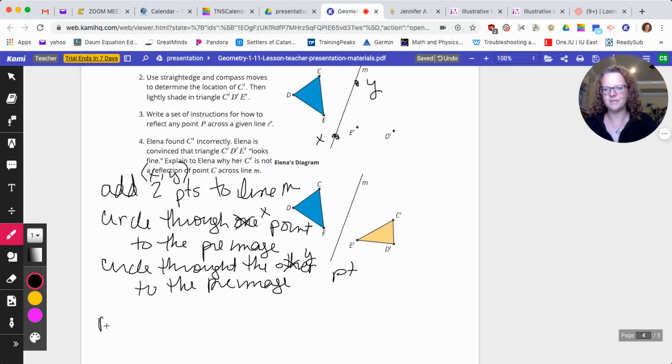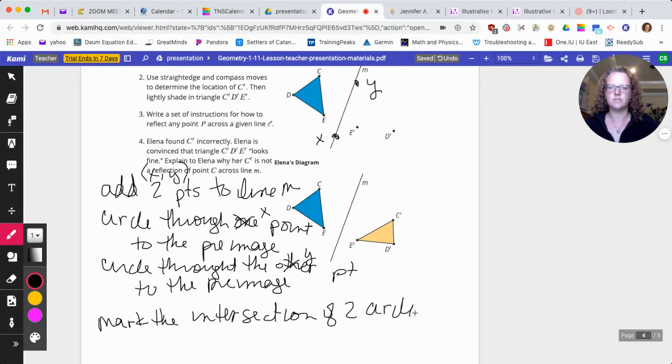And then mark the intersection of the 2 circles as the new image of the point.